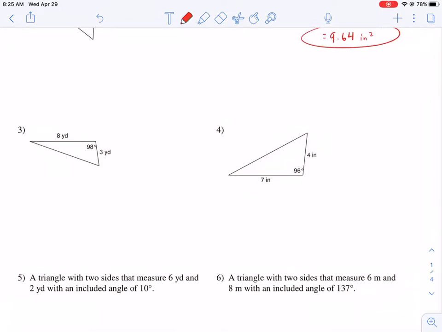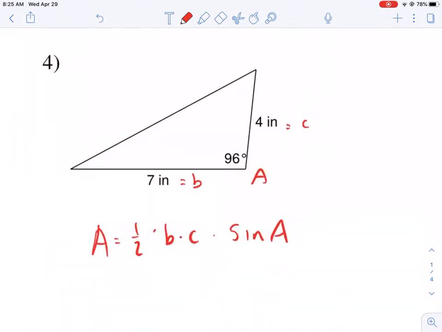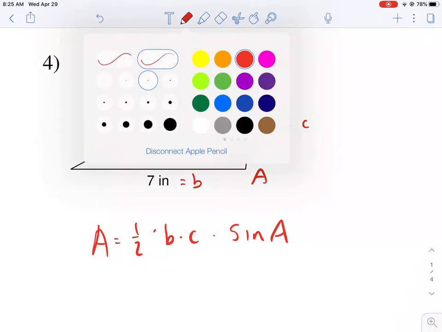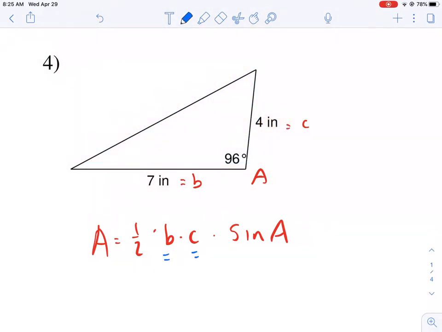Let's go ahead and do 4, just so we get the idea. So again, area equals 1/2 b times c times sine of A. Half the battle is just labeling b, c, A. Again, you can change b and c interchangeably. The one thing is, make sure you write side lengths as lowercase letters, and then angles are capital letters, okay?